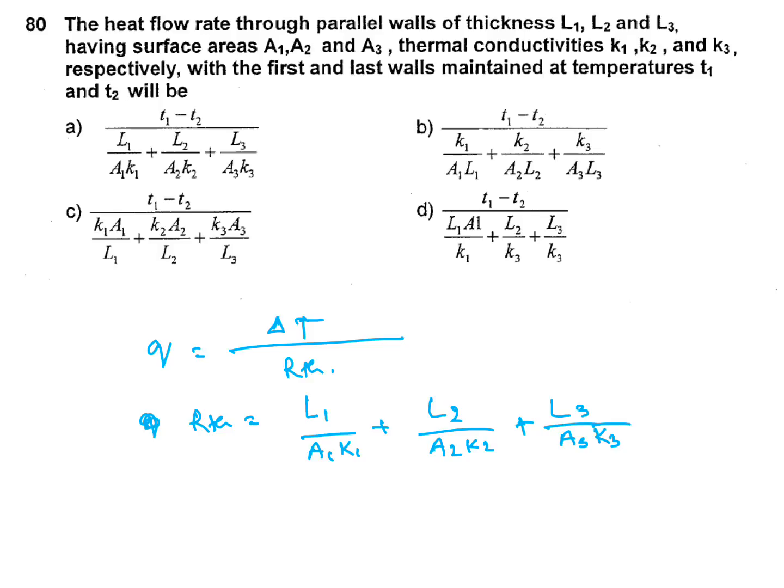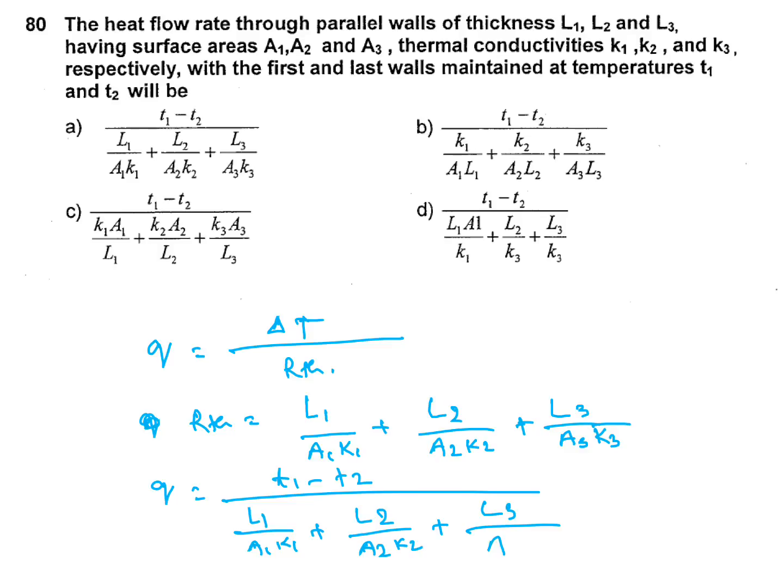So Q is delta T, T1 minus T2, by L1 by A1 K1 plus L2 by A2 K2 plus L3 by A3 K3. From option, it's A is the answer.